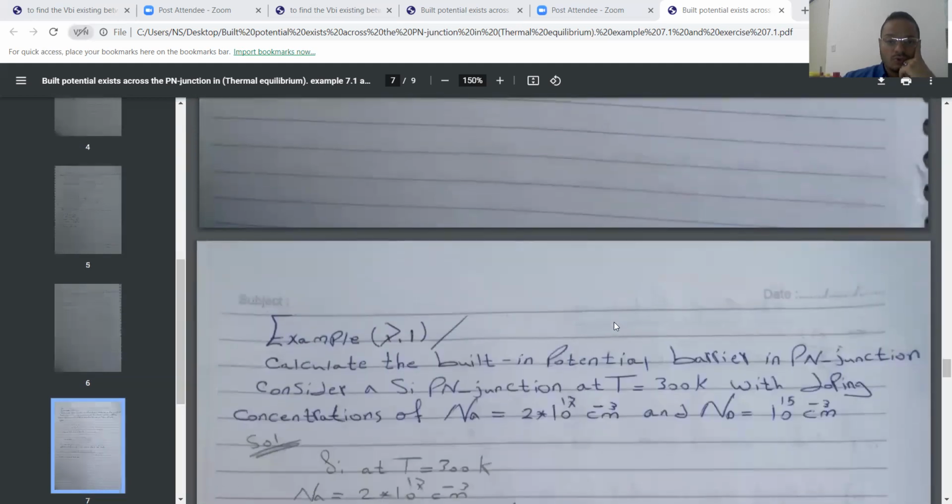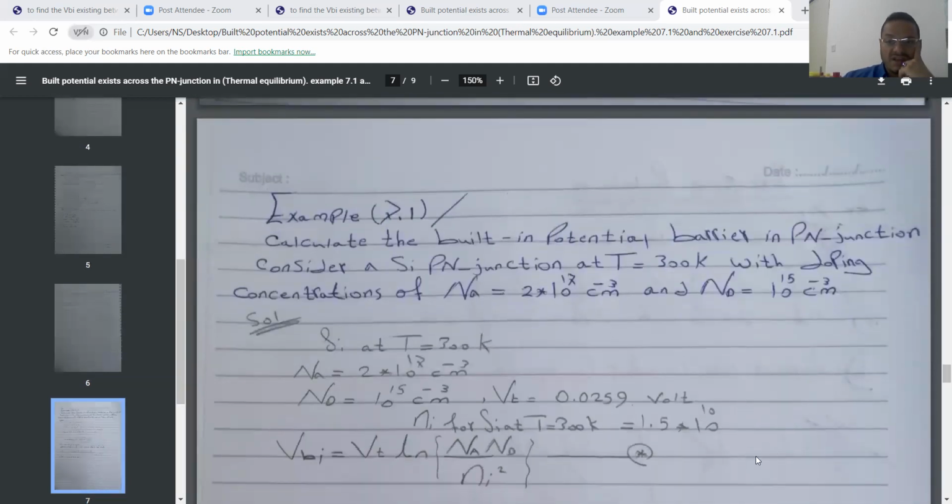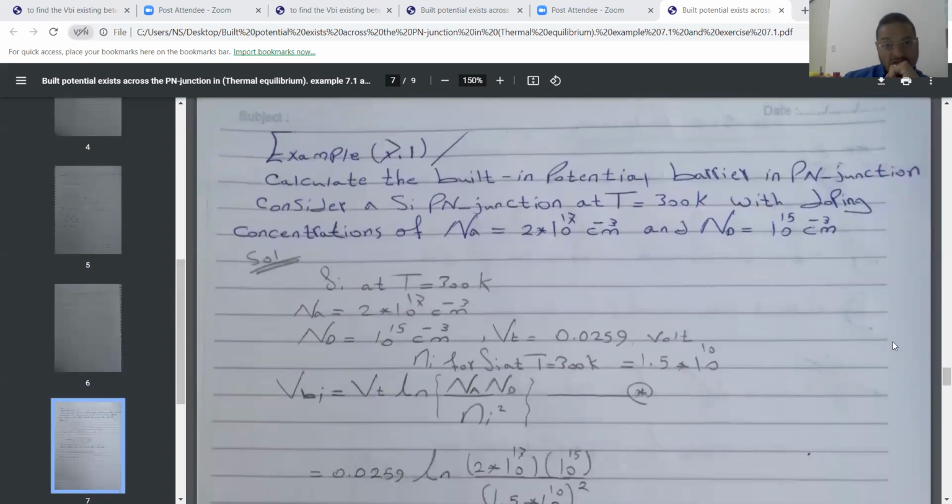Now let's explain example 7.1, a solved example from our source. Calculate the built-in potential barrier of a PN junction.